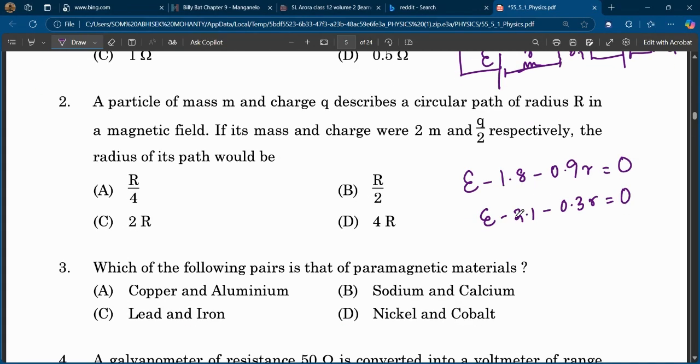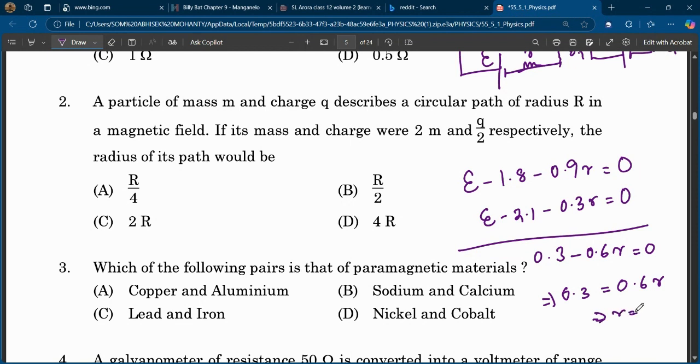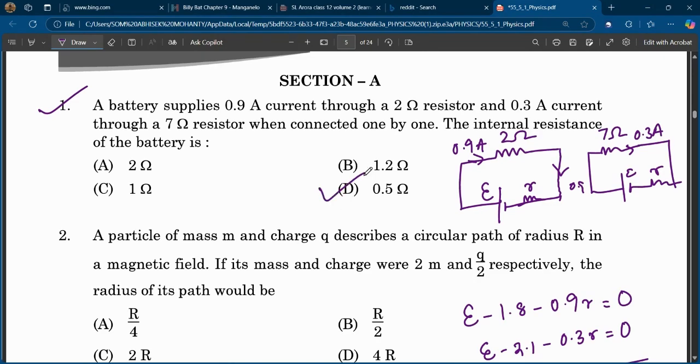So we just have to solve these two equations. If we subtract these two equations, we'll get 0.3, and 2.1 minus 1.8 is 0.3, minus 0.6 r is equal to 0. So 0.3 is equal to 0.6 r. So r is equal to 3 by 6, that is 0.5 ohm. So the answer will be 0.5 ohm. Alright, very easy question.